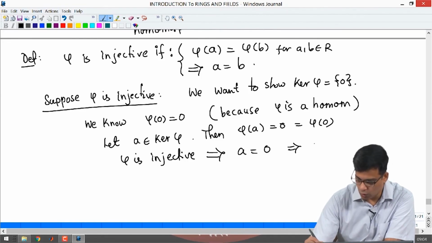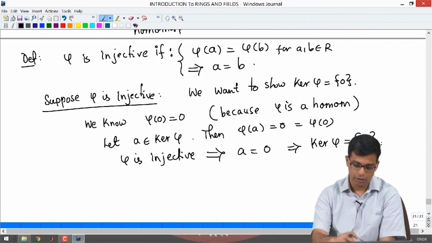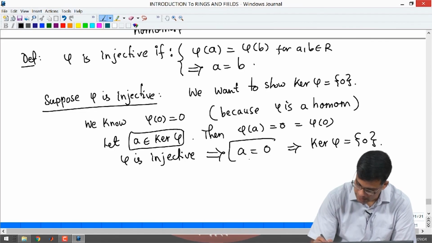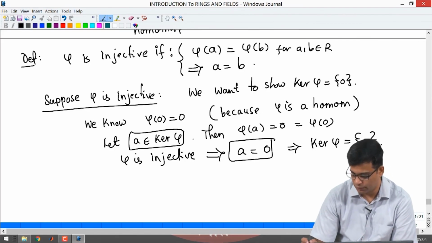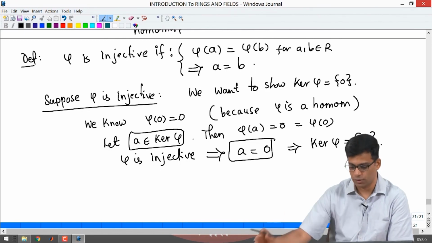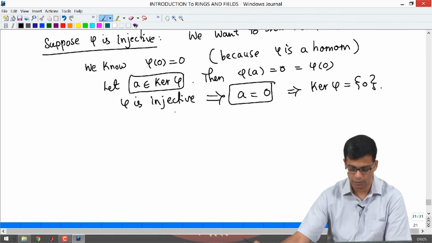That means the only element of kernel phi is the 0 element. I have taken an arbitrary element of kernel phi and concluded that A is 0. Certainly 0 is in the kernel because phi of 0 is 0. So, the kernel is just the 0 element, there is nothing else.